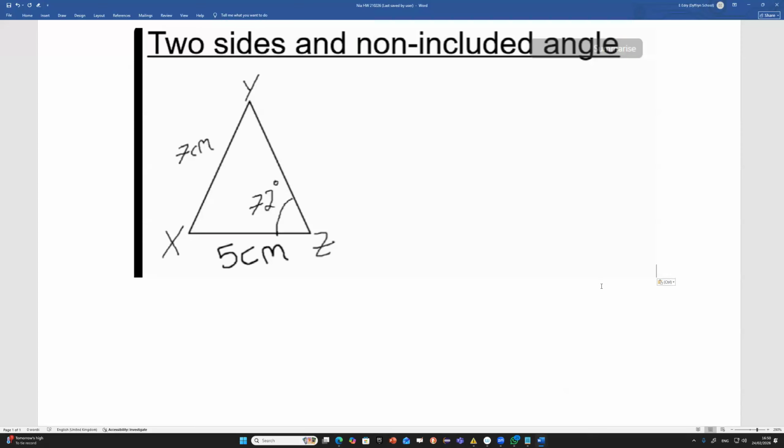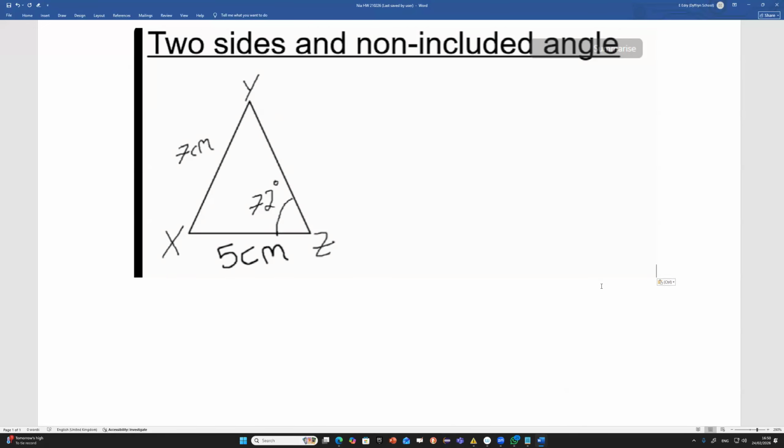So the first thing I would do is draw my line XZ because that is the base. So we have XZ and that is 5 centimeters. Then I've got this 72-degree angle above the line XZ on the right.